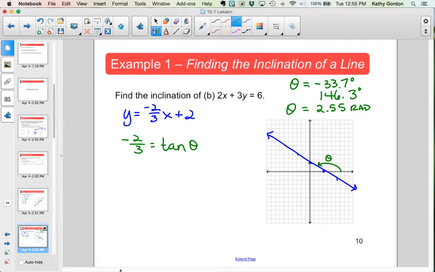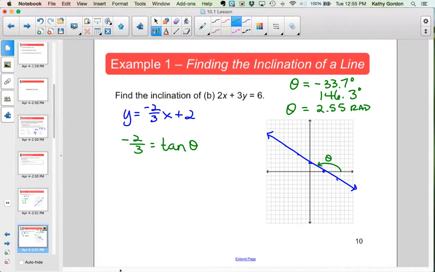Because tangent inverse is from negative pi/2 to pi/2. Bingo. Right. Remember when we talked about inverse trig functions? And in order to keep it a function, we had to limit the range. So we had to limit which quadrants our angles could be in.